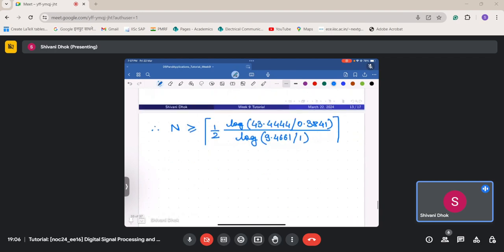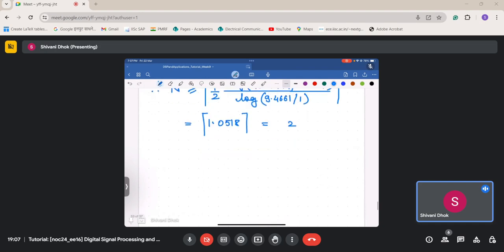If we simplify this, we get 1.0518, and ceil of this is equal to 2. So therefore my order should be at least equal to 2. Let's go with the smallest possible order, so my n is equal to 2.